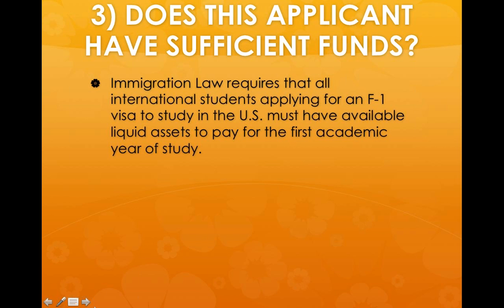If they have nothing else, they should at least have the first academic year of funds for living and tuition fees, and a plan for how they will fund the second year. That's the minimum requirement, but it is generally preferred that whatever is mentioned in your I-20, you should have at least that.